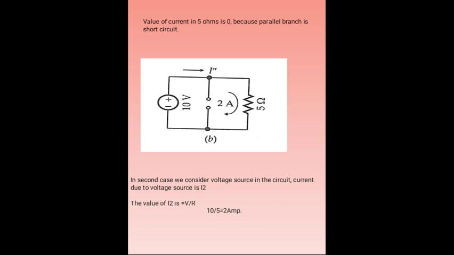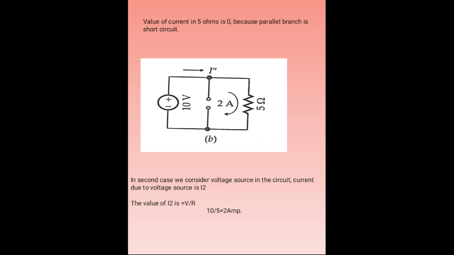So then in the given network, there is a voltage source of 10 volt and a resistance of 5 ohm. So according to KVL, the value of current in 5 ohm is V upon R, that is 10 upon 5, which is equal to 2 ampere.